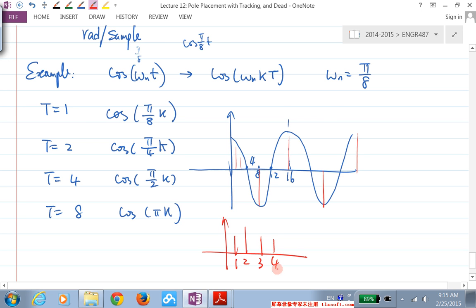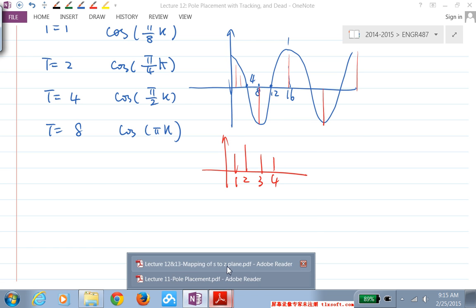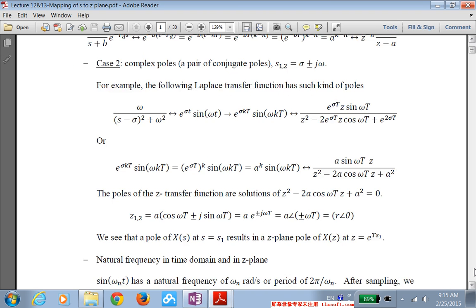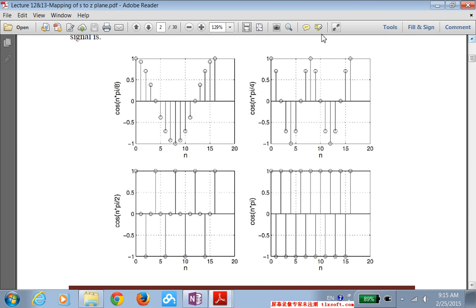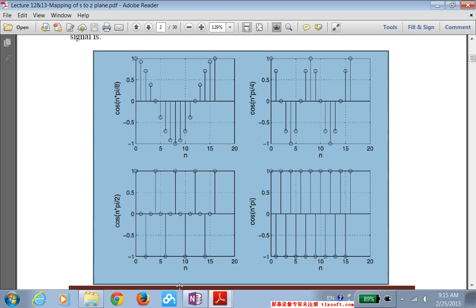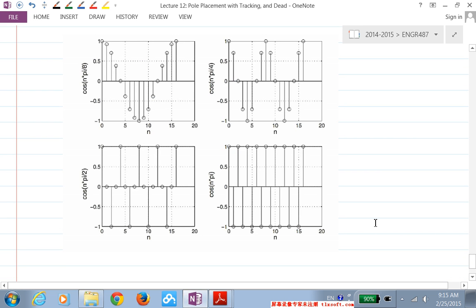Okay? So this is what happens if I plot this out. This is what happens with the sampling. First one is t equal to 1, then t equal to 4, t equal to 2, and t equal to 8.